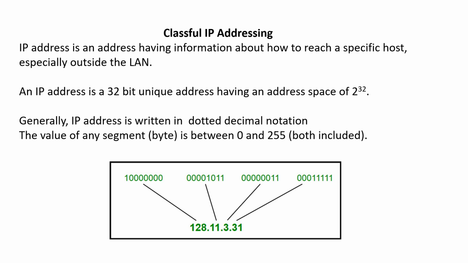Generally, an IP address is written in decimal notation, and the value of any segment is between 0 and 255, both included. 255 is the biggest integer value that can be represented by 8 bits, all ones. That is the range of a single segment in dotted notation.